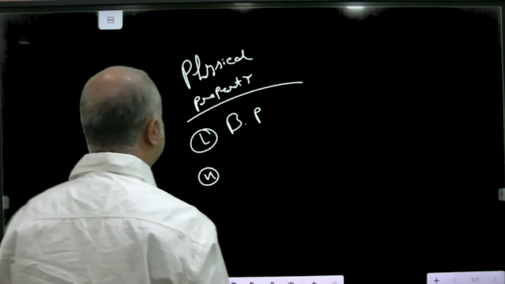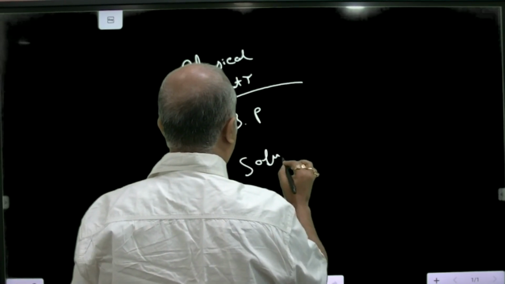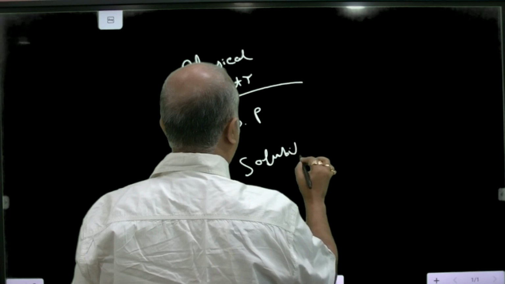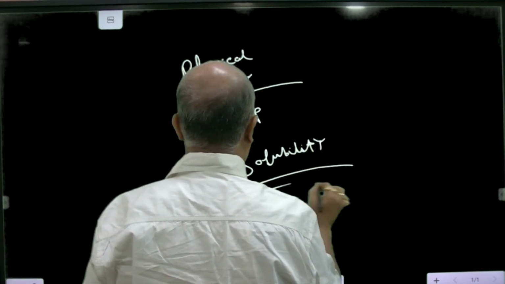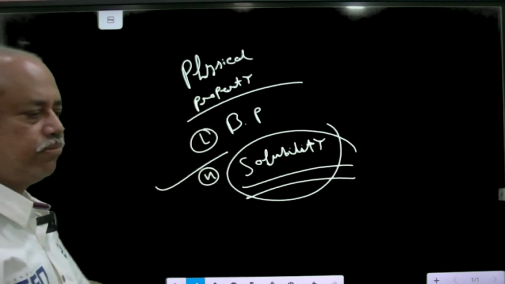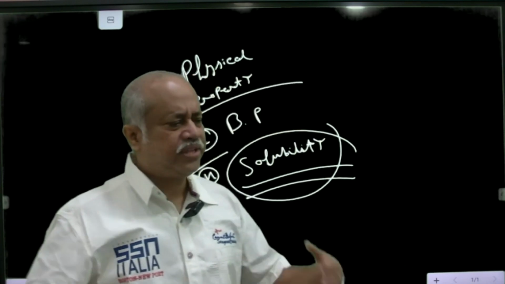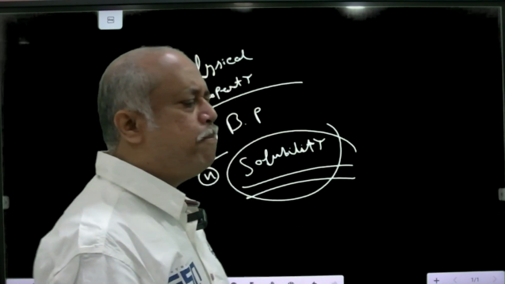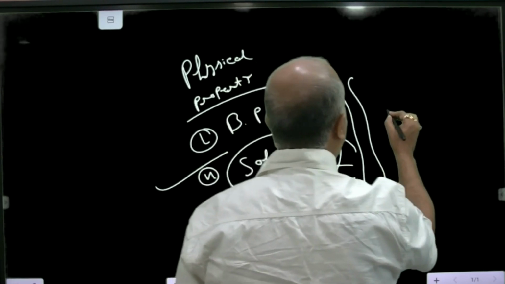Another is solubility. First, I will discuss solubility. After that, I will discuss boiling point. These are two very important topics, and these two topics mainly depend on hydrogen bonding.